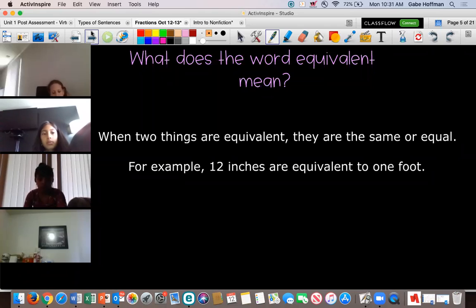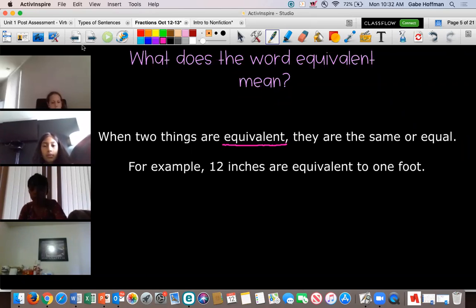For example, 12 inches are equivalent to 1 foot. Yep, so equivalent means that they are equal or are the same. So that's what we're going to be talking about today with our fractions. We're going to find fractions that are equivalent.